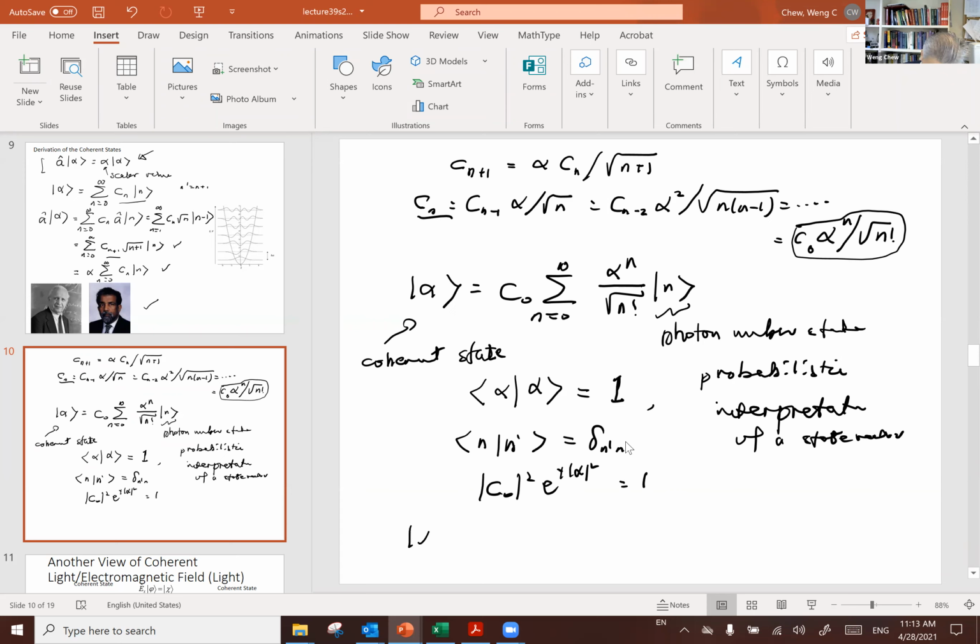And finally, you find the coherent state to be equal to e to the minus alpha squared over 2, times a linear superposition of the photon number states.